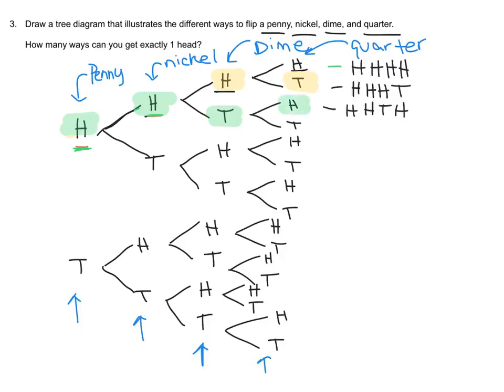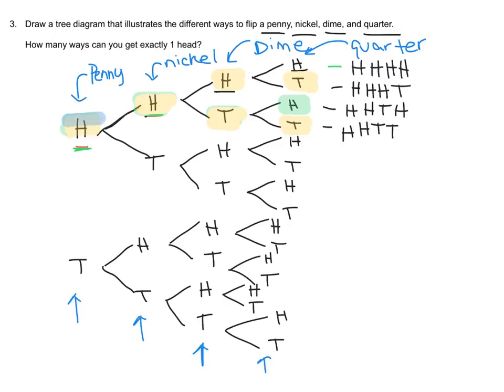My third outcome is HHTH. Now we'll continue this. So we have H for the penny, H for the nickel, T for the dime, and T for the quarter.